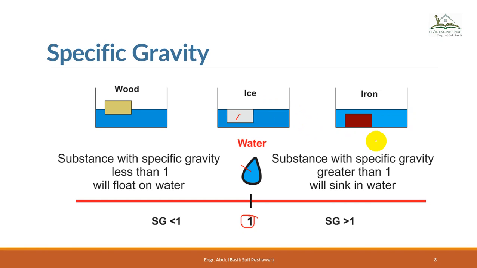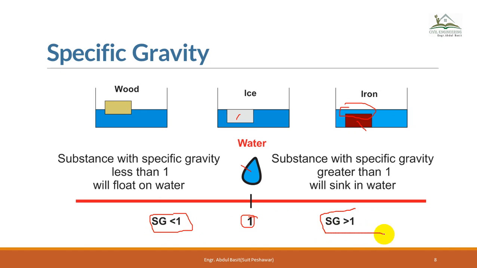Coming to the specific gravity greater than 1 concept: if any substance or liquid has a specific gravity greater than water, that substance will sink in water, so there will be some water above that substance as well. This comparison is with 1 because 1 is the specific gravity of water.